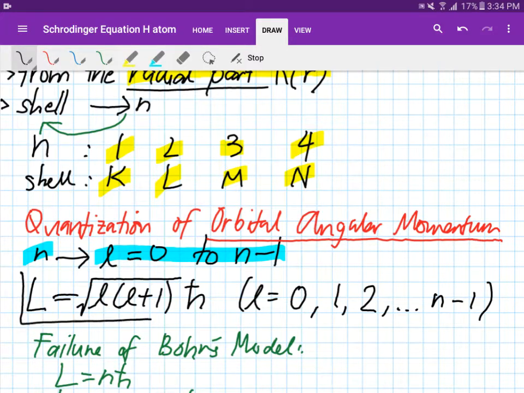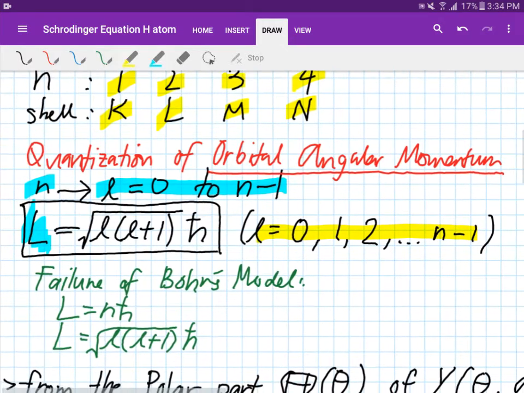So quantum number l gives a value for our orbital angular momentum, big L, wherein l as an integer ranges from 0, 1, 2 all the way up to n minus 1.